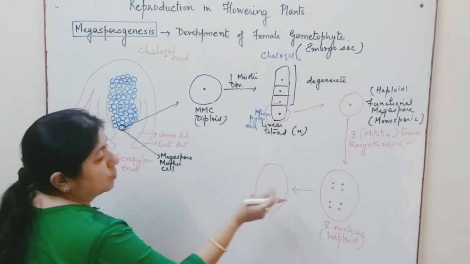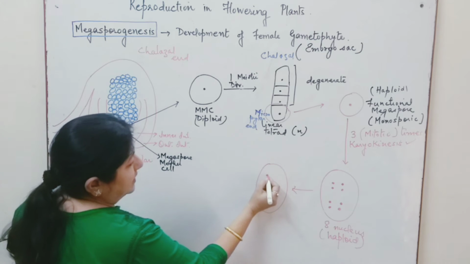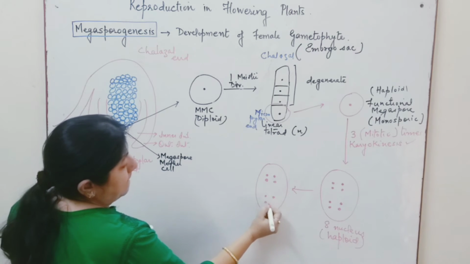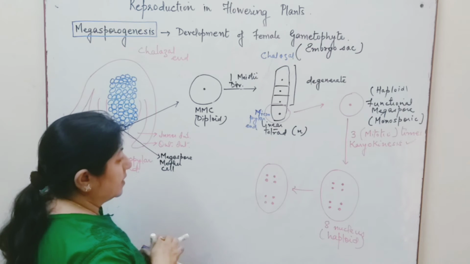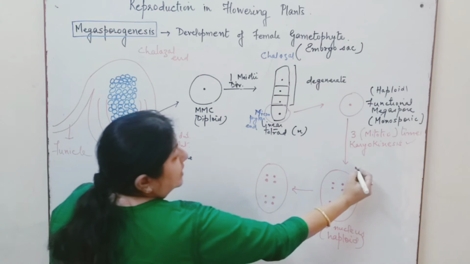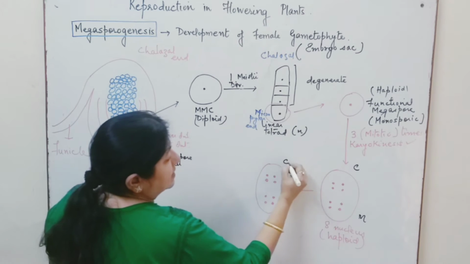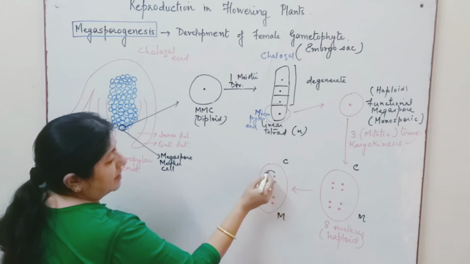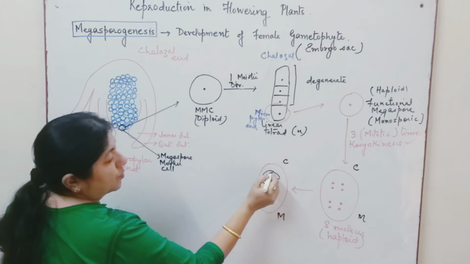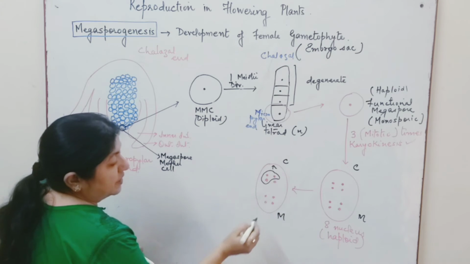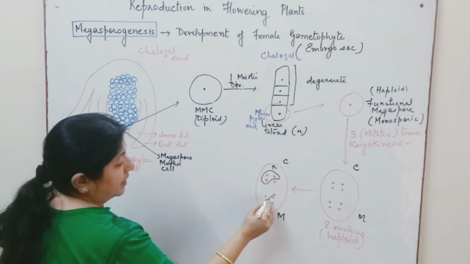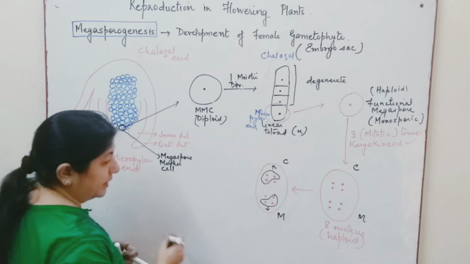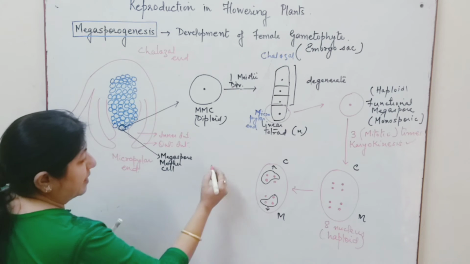Later on, out of these 8 nuclei, again we are marking the chalazal end and the micropylar end. Out of these, 3 will move towards the chalazal end, whereas 3 from the other end will move towards the micropylar end. Let us see the arrangement now.